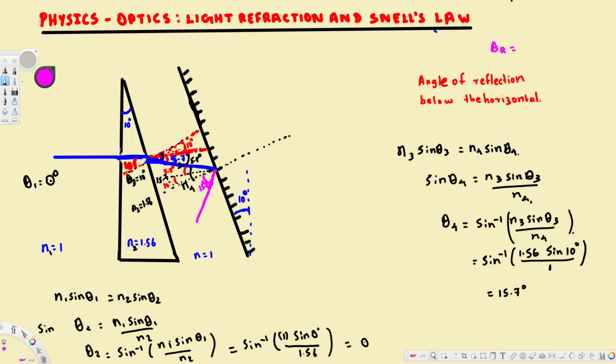So theta r is reflection, that is 15.7. Angle below the horizontal, let's say BH, that's going to be 15.7, and from the horizontal to here, that's 10, so that's going to make this one 25.7 degree below the horizontal, and that's going to be the final answer.